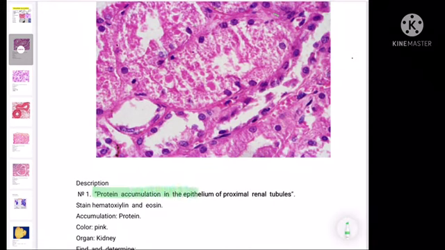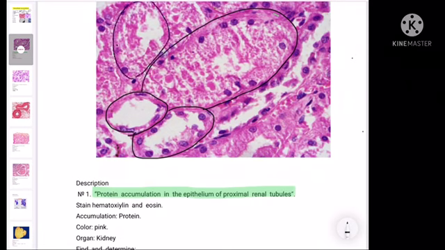of protein in the epithelium of the proximal convoluted tubules. Now we'll try to find what this histological image is showing. We can see the tubular network. These are the proximal tubules, and these are the epithelial cells. The epithelial cells are loaded with some pinkish substance.